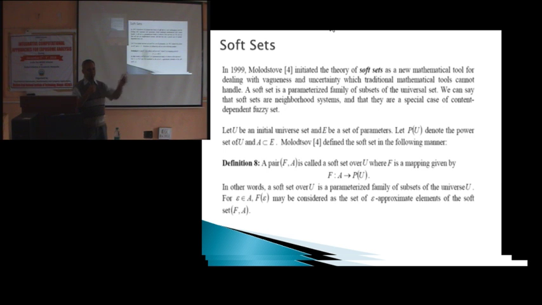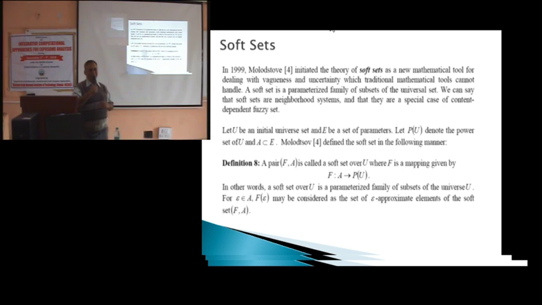You have certain parameters according to which you say that this is a good dress. Say I have 3 parameters. The first parameter is it should be cheap. My second parameter is it should be durable. And the third parameter is it should be attractive.